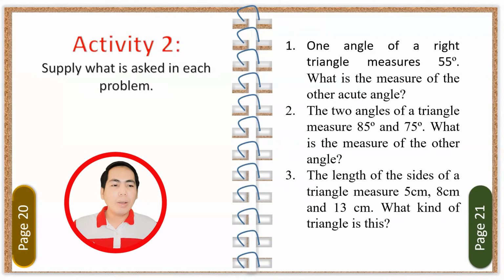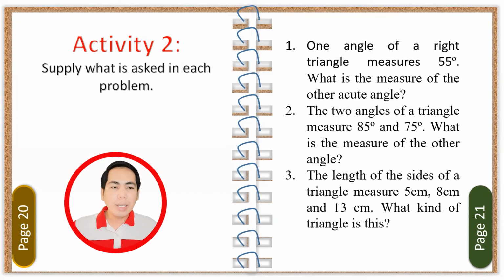Number 1. One angle of a right triangle measures 55 degrees. What is the measure of the other acute angle? Since this is a right triangle, one angle measures 90 degrees, while the other angle measures 55 degrees.